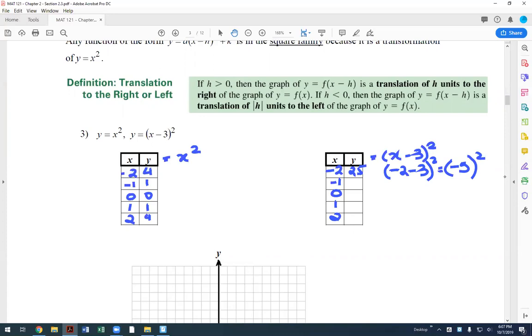What's -1 minus 3? It'd be -4 and -4 squared. 16. Yeah, so he also cannot be graphed. 0 minus 3? -3. And -3 squared? 9. So this guy will be fine. 1 minus 3?